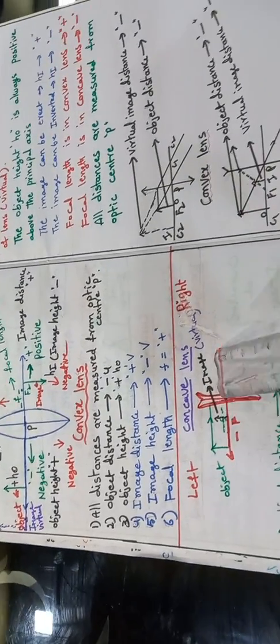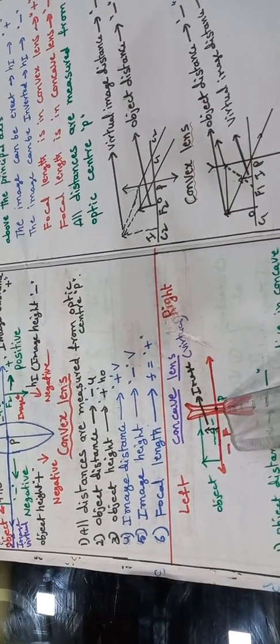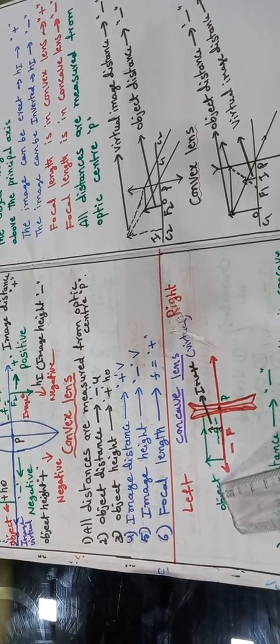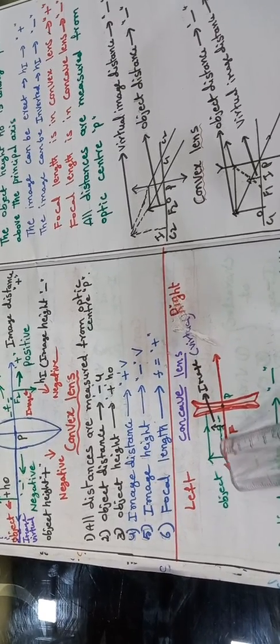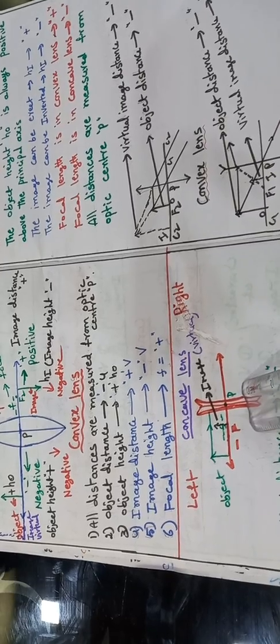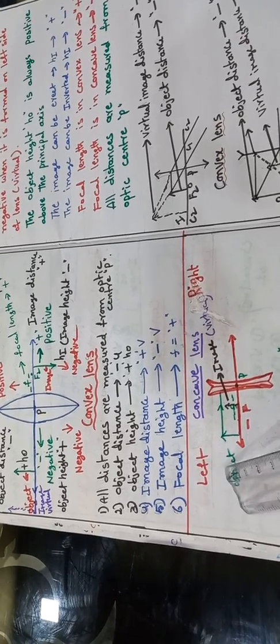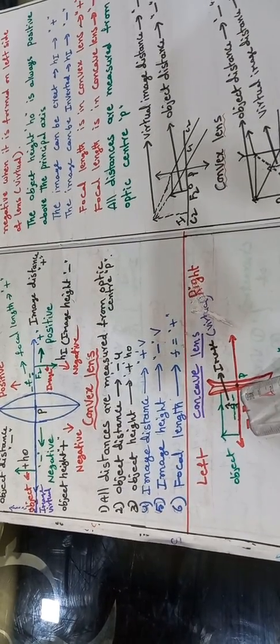Next one, concave lens. Here we can see the concave lens. Here also the object is kept on the left side of the concave lens, and we observe the formation of a virtual image on the left side of the concave lens.